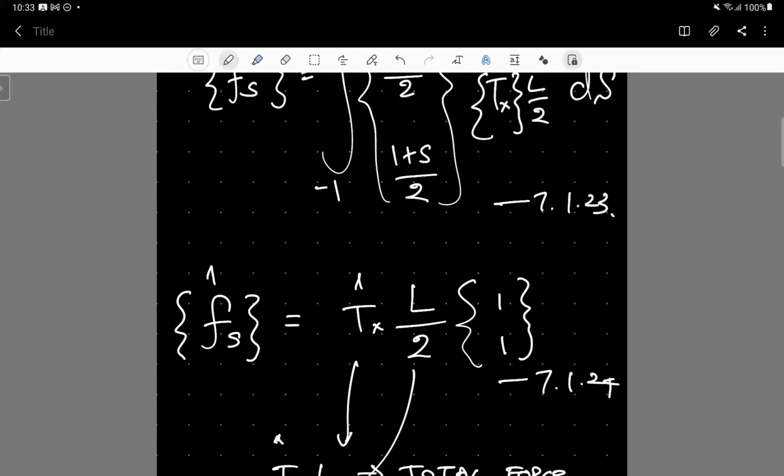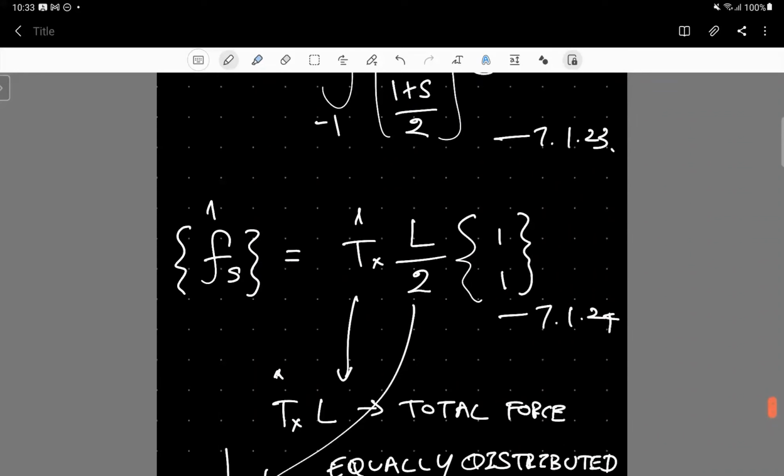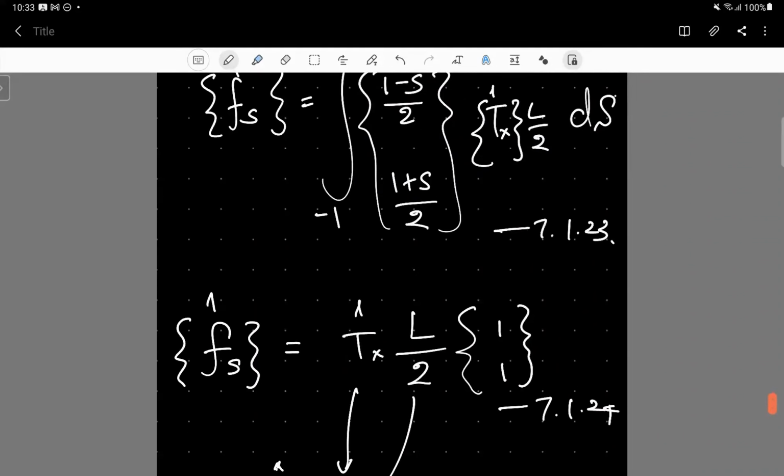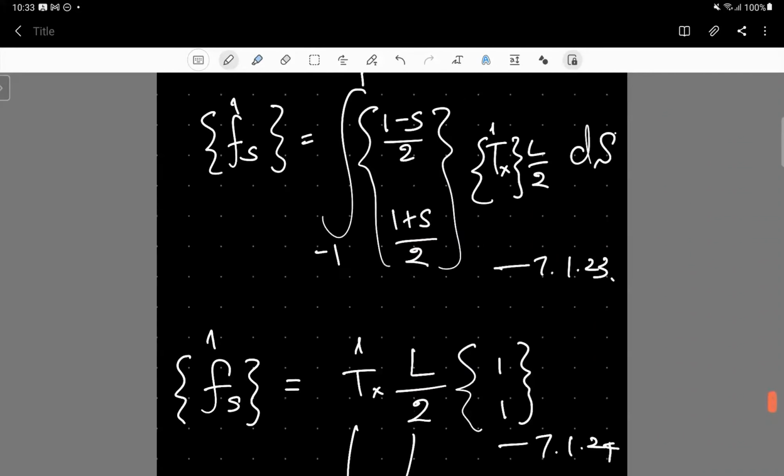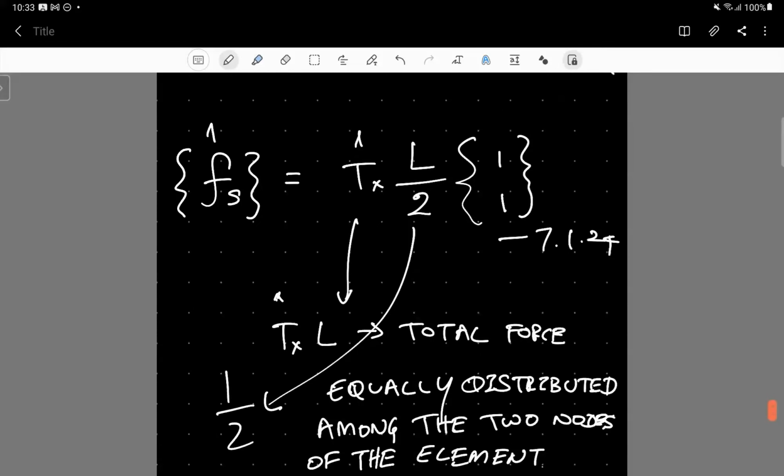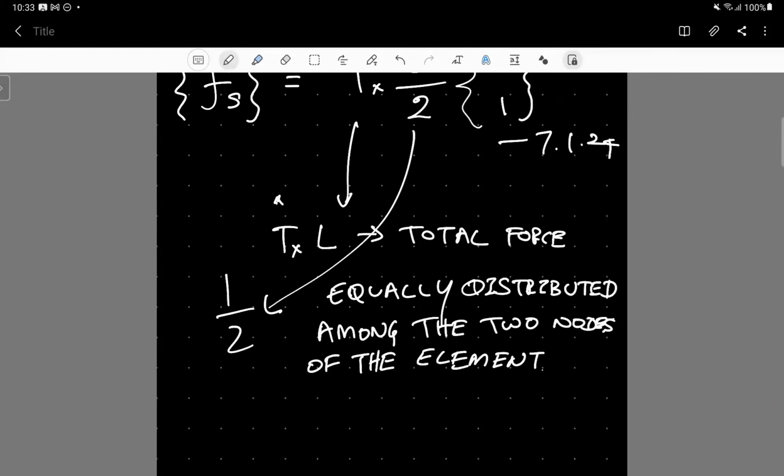And of course, this can be found by evaluating this integral. What I want to say is that the division of the total surface force will not be equal among the two nodes. It would differ if it is a function of the length, or a function of s.